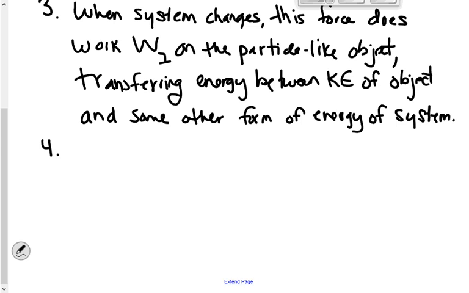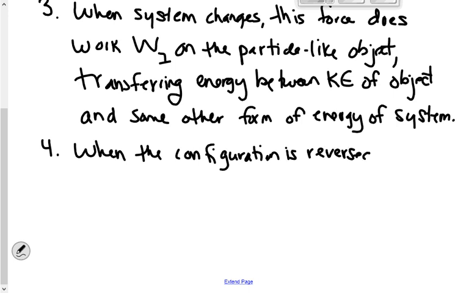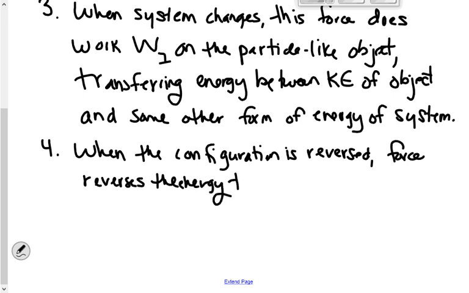And finally, point 4, when the configuration is reversed, the force reverses the energy transfer, doing work, W2, in the process.